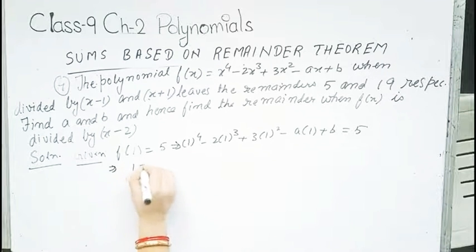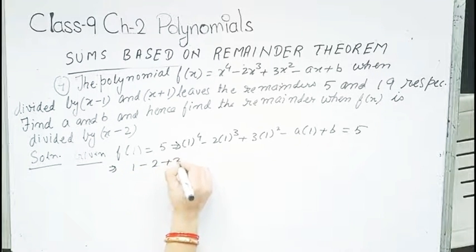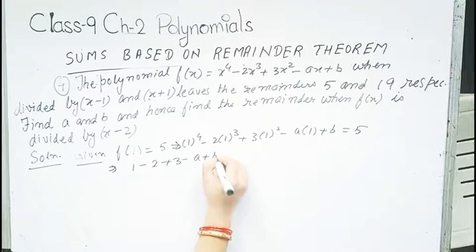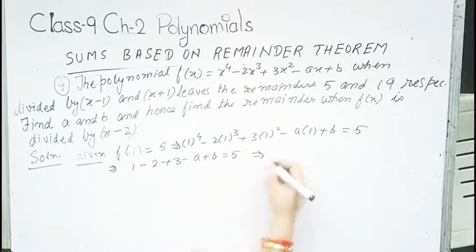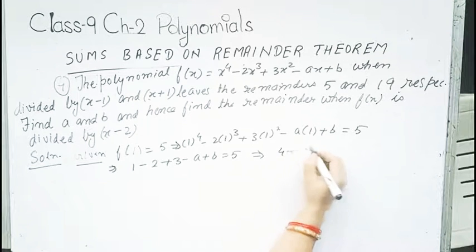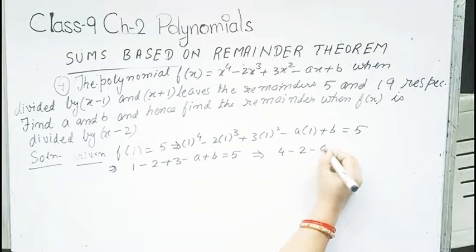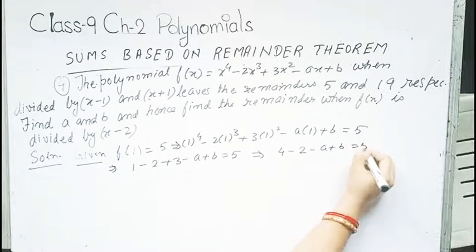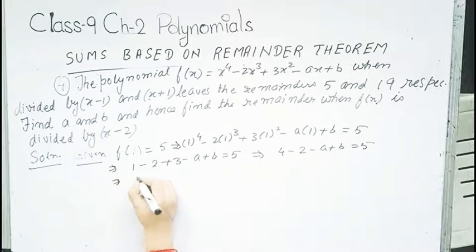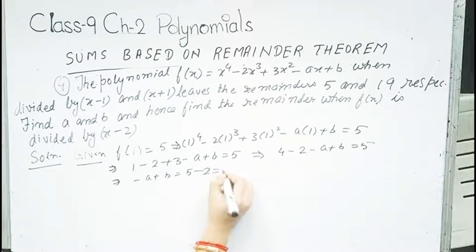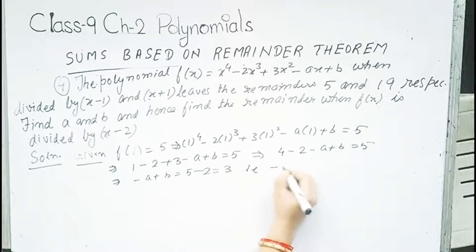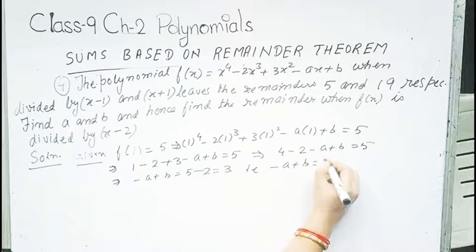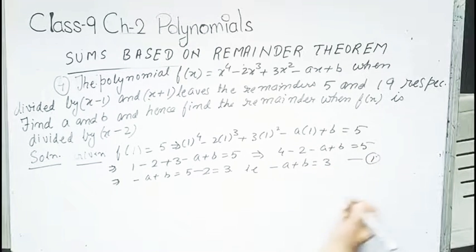This implies 1 minus 2 plus 3 minus a plus b equals 5. This implies 4 minus 2 minus a plus b equals 5, so minus a plus b equals 5 minus 2 equals 3. That is minus a plus b equals 3. Let us make it equation number 1.